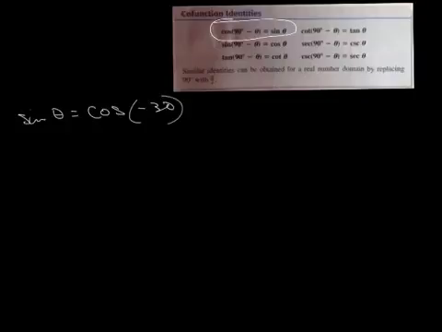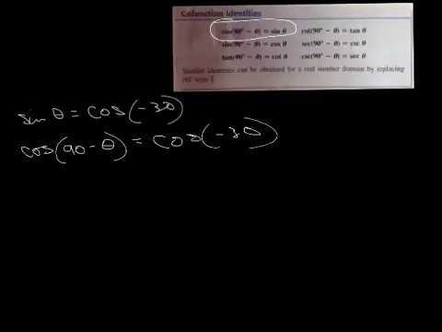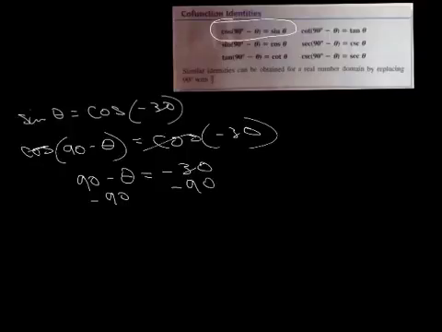There's the sine of theta, so I'm going to replace that with cosine of 90 minus theta. Cross out my cosines. Solve for theta as if it were a variable, because it is, it's just an angle. Subtract 90 from both sides if you want to go through the whole math here. And I have negative theta equals negative 120. Negative on both sides make it a positive. We get an angle of 120 degrees.